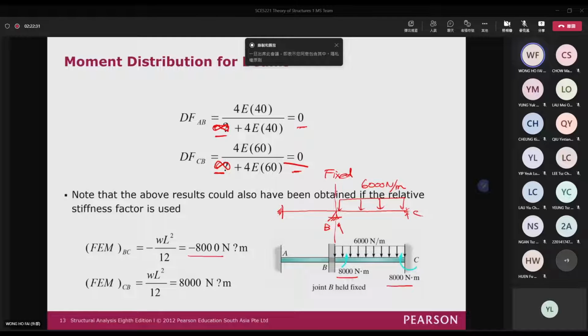It is equal to 18 Newton meters, and then on the right-hand side, also equal to 18 Newton meters. Negative means that it is counterclockwise, and clockwise is positive. So this one is WL square over 12 and WL square over 12. So fixed end moment will develop on both sides.